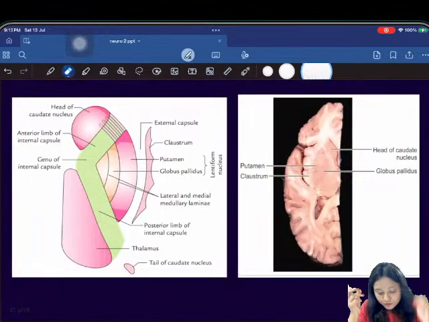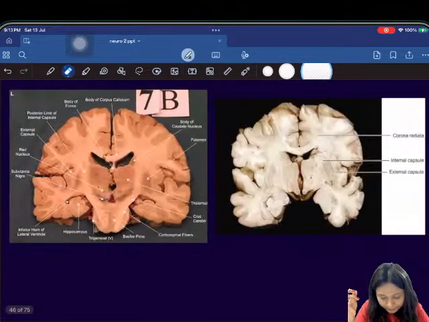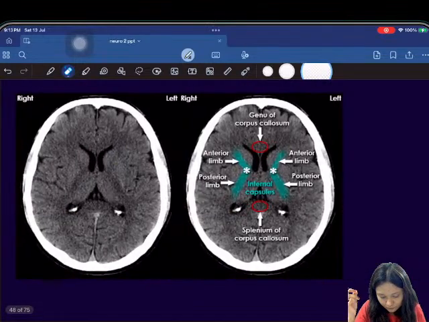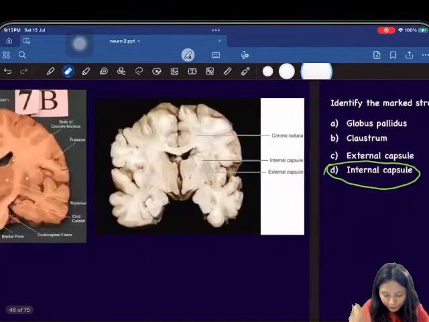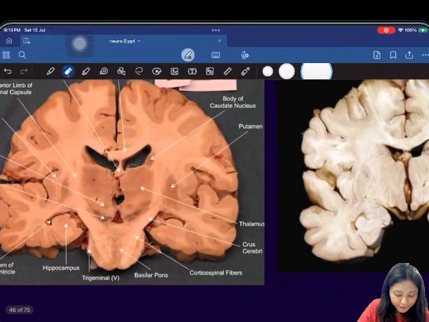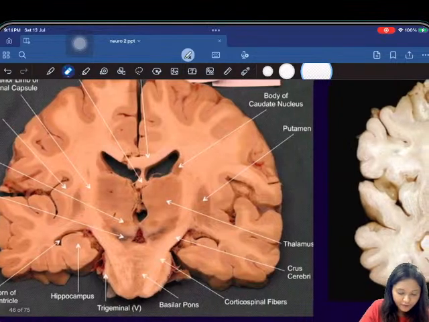Now there is one more thing I want to tell. Okay, so similarly you can see here in this image they have simply given this question. Okay, they picked it from here, just removed the labeling, and they have asked this question.